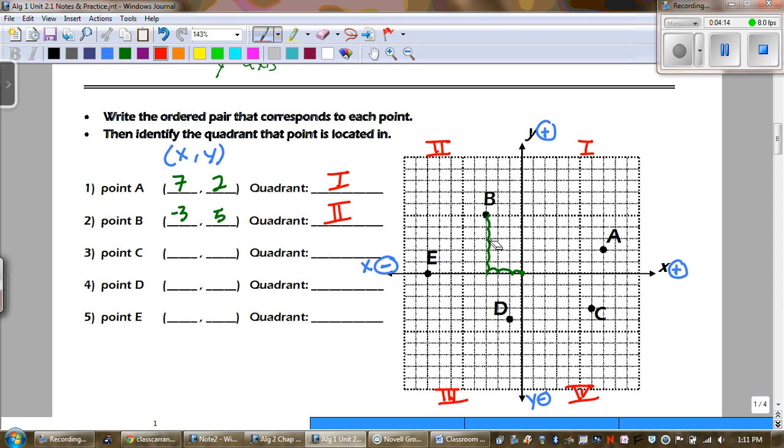Let's keep going. C. There's C. I need to go 5, 6. 6 to the right, and 1, 2, I'm going 3 down, so that's negative. And that's quadrant 4.